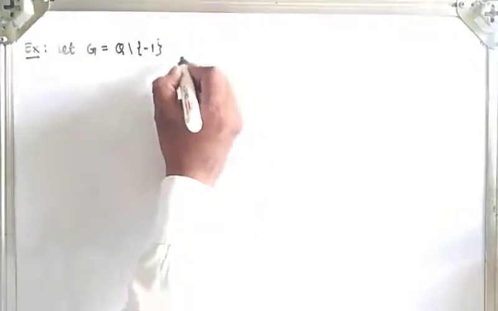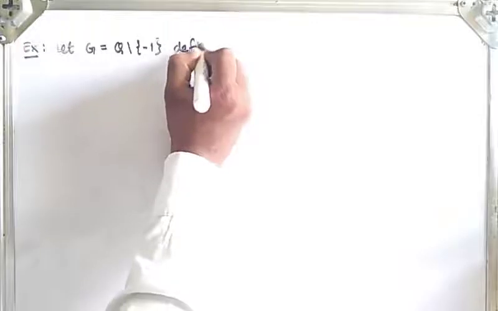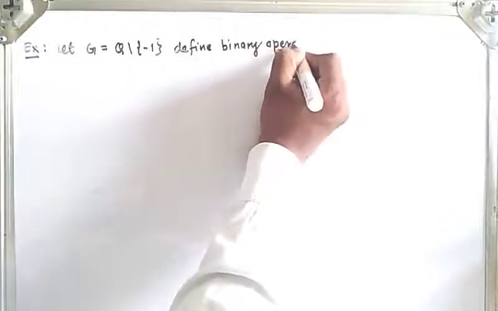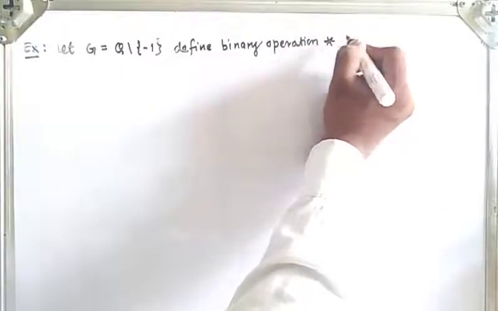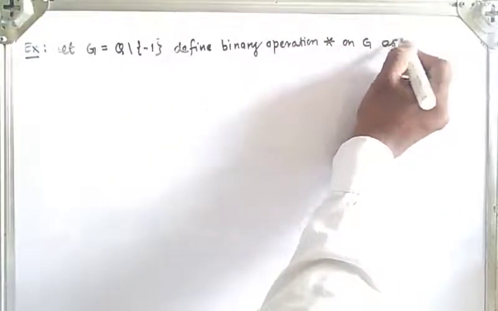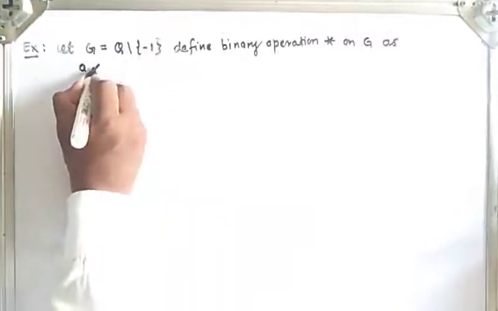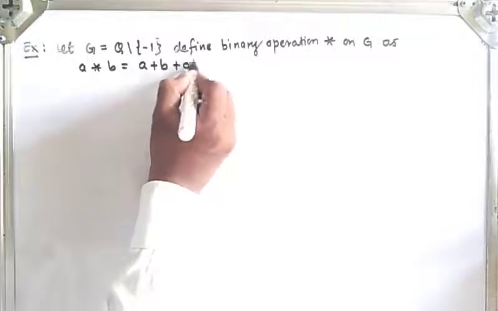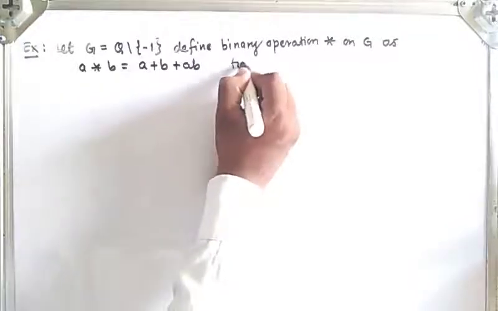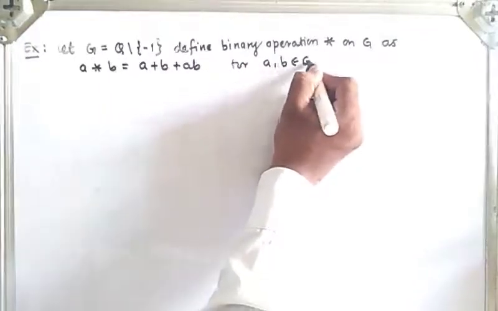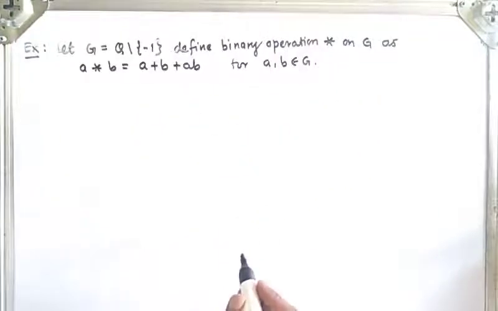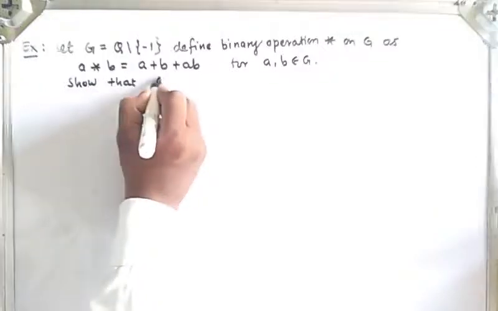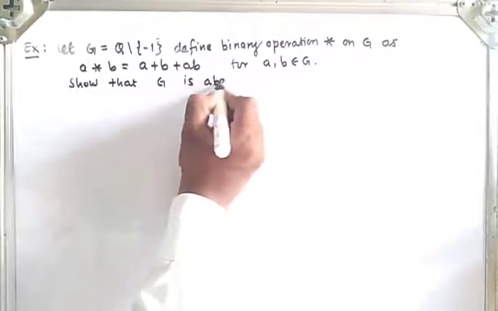Define a binary operation star on G as a star b is equal to a plus b plus a into b for a, b belongs to G. Show that G is an abelian group.